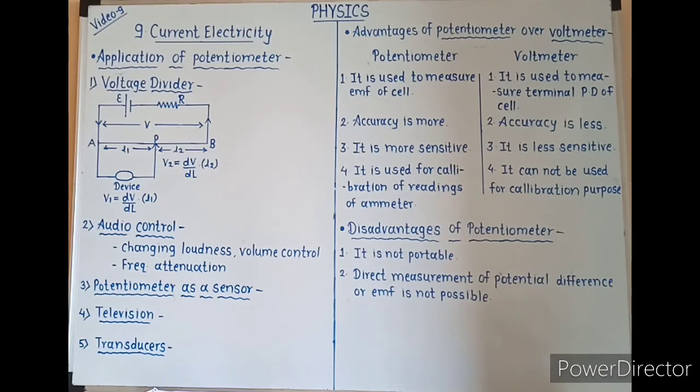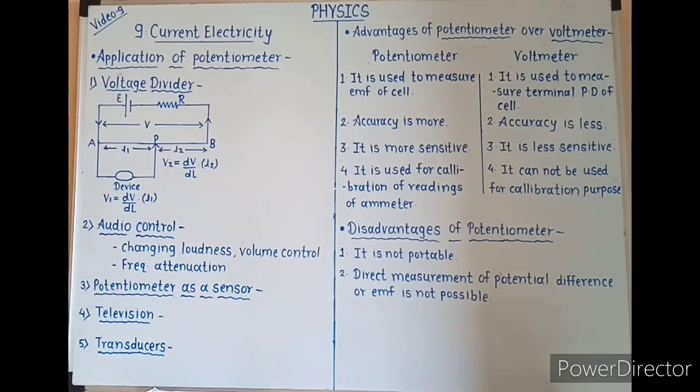The fourth point is that it is used for calibration of readings of an ammeter. Now what do we mean by calibration? Calibration is the comparison between a known measurement, that is, a standard value, and the measurement using your instrument.